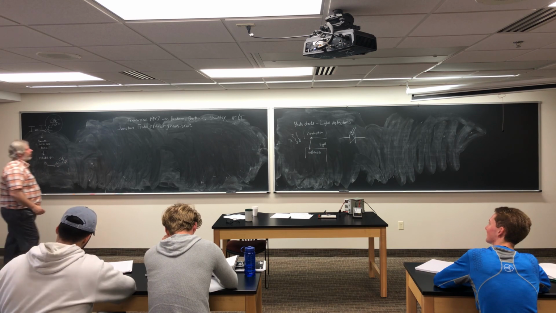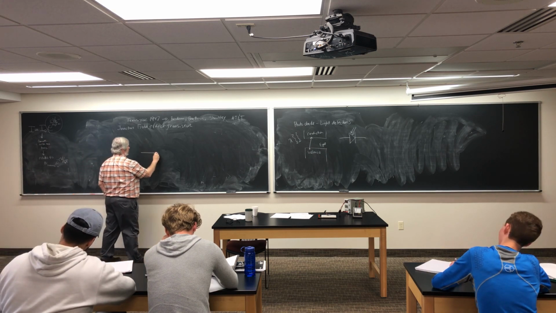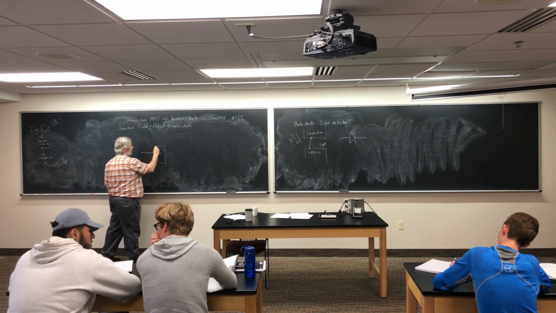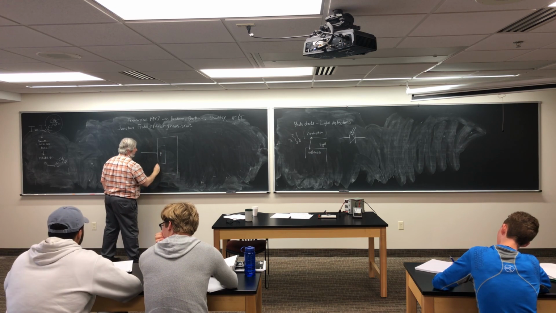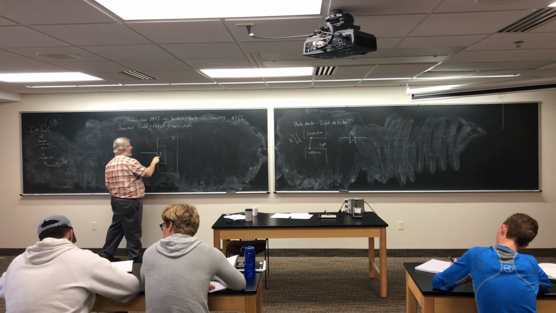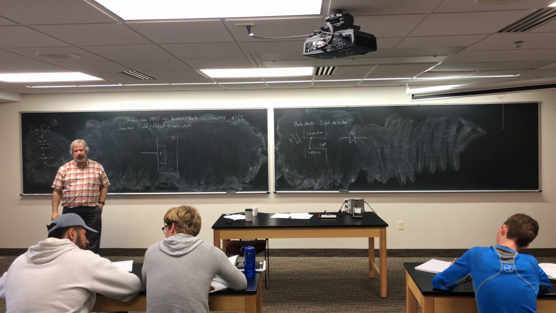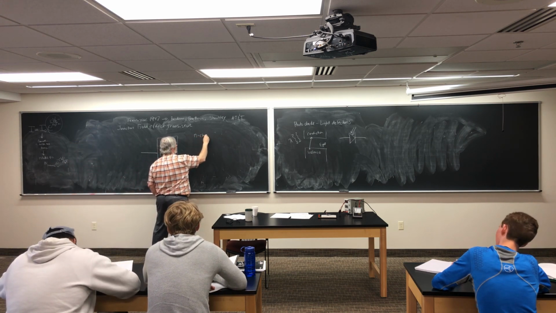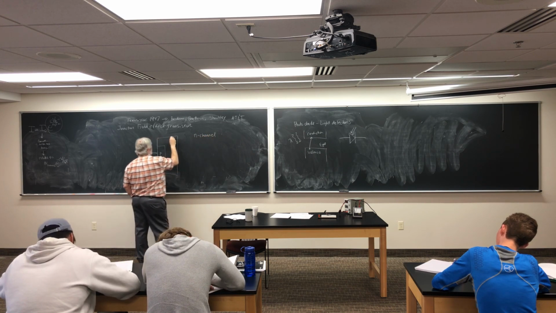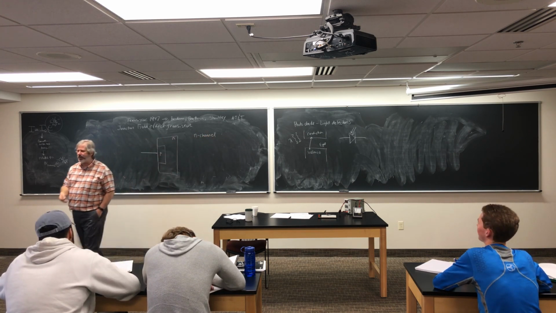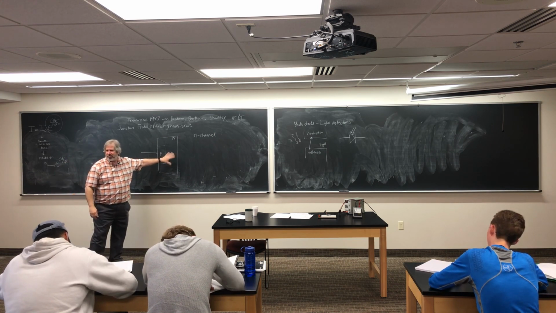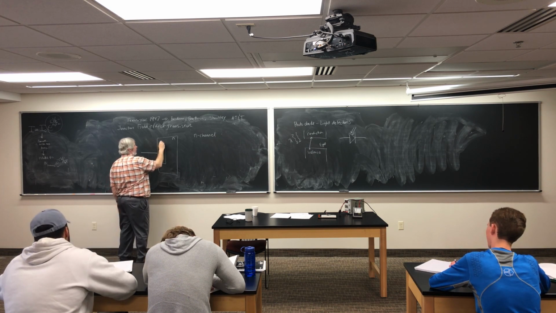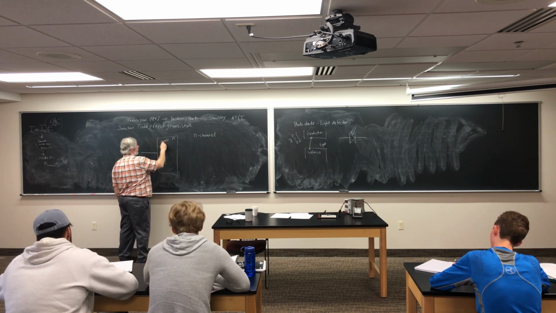So anyway, the junction field effect transistor, the basic idea is this. We have a p-type material and an n-type material. And we could change these around. We could make this n-type and make this p-type. We're going to call this an n-channel. Now, this is n-type material. This has mobile electrons in it, right?